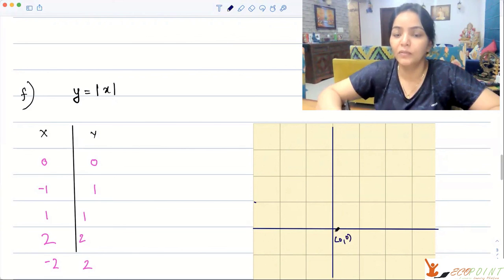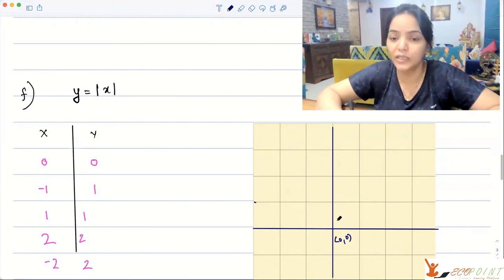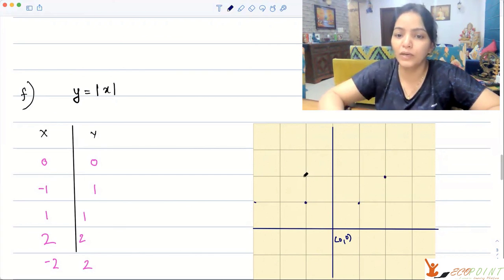But the fact here is, it's different from x square in the sense you don't have any curvature here, because the changes are linear. So 1, 1, minus 1 also 1. 2, 2, minus 2 also 2. 3, 3, minus 3 also 3.